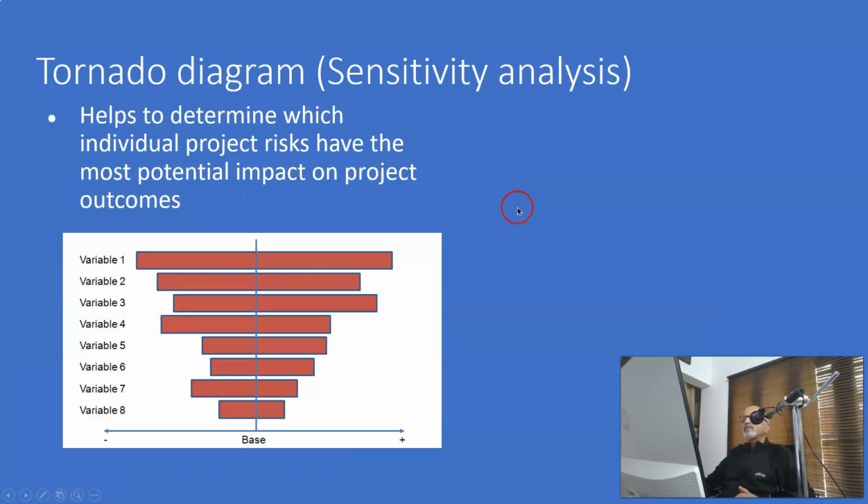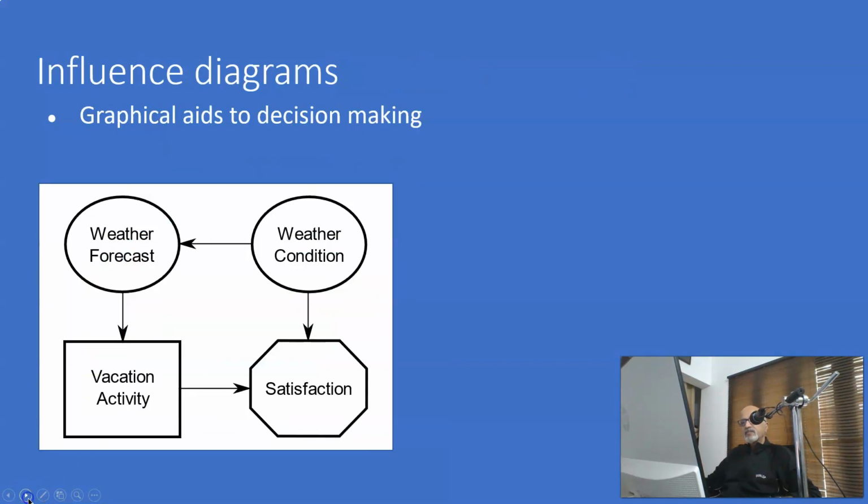Then we have the tornado diagram. That is an example for sensitivity analysis. This helps to determine which individual project risks have the most potential impact on project outcomes. Then we have influence diagrams, the graphical aids to decision making.